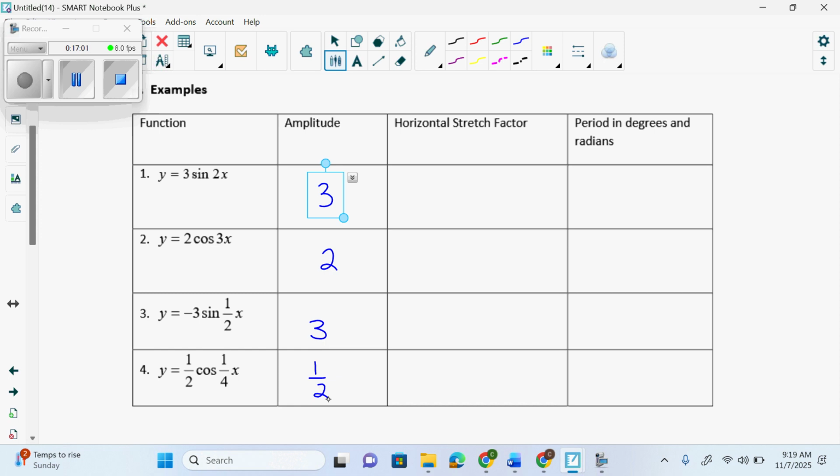Okay. Now we're going from equation to words, so we're going across that double-headed arrow. We're going to get a horizontal stretch by a factor of what? 1/2 about the y-axis.